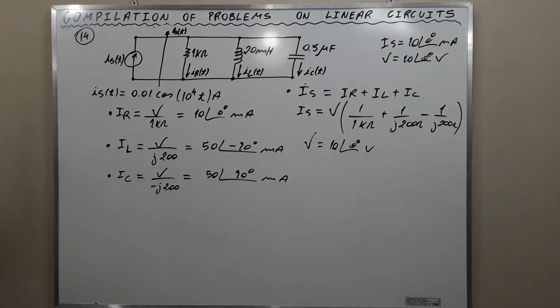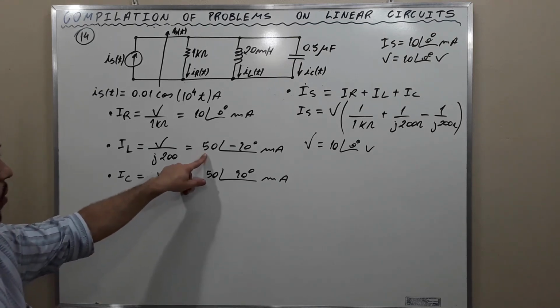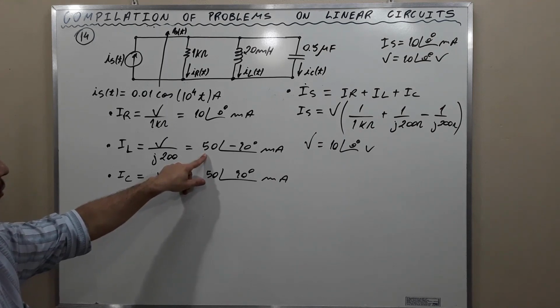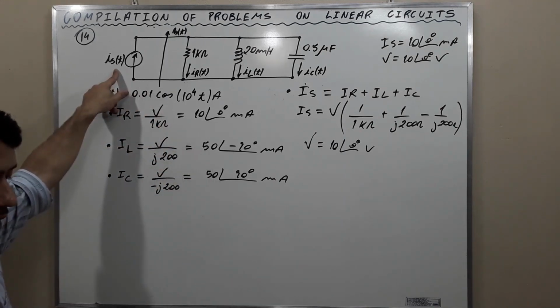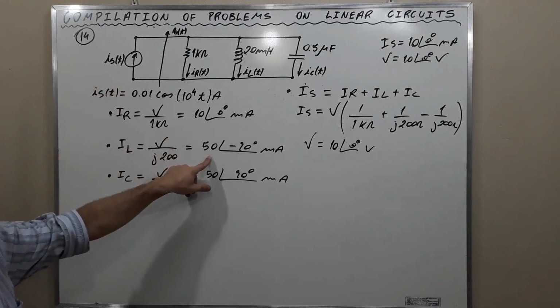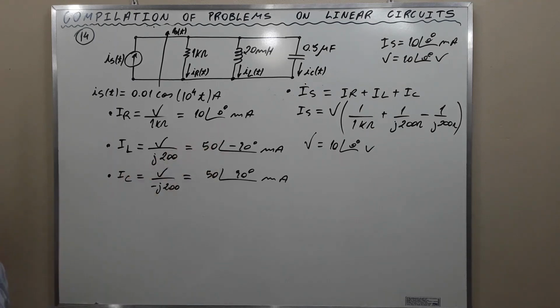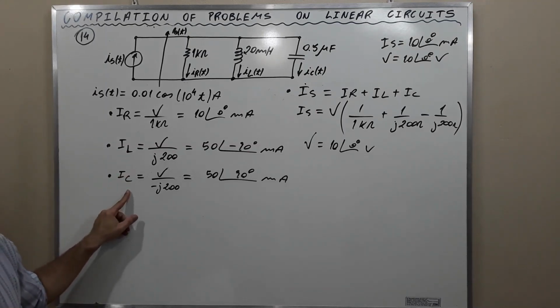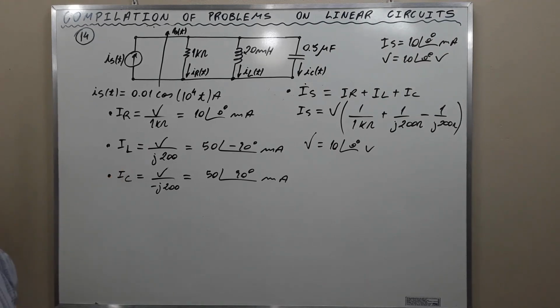Oh, I remember, it was the peak value. Observe that IL is 5 times larger than IS. IL is 50 and IS is 10. This phenomenon happens because the capacitor current balances the inductor current.